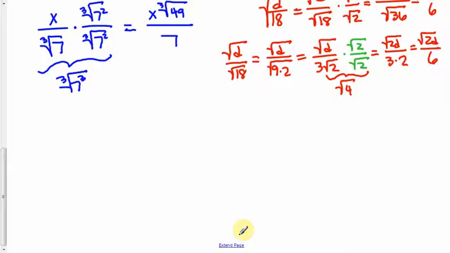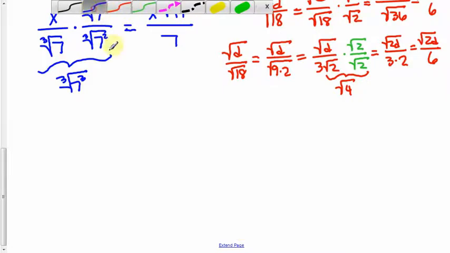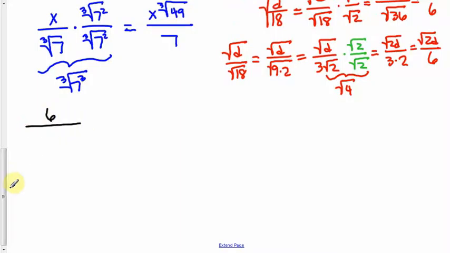All right, let's do one that's more complex than that. So I have 6 over the 4th root of 4xy squared z to the 3rd.